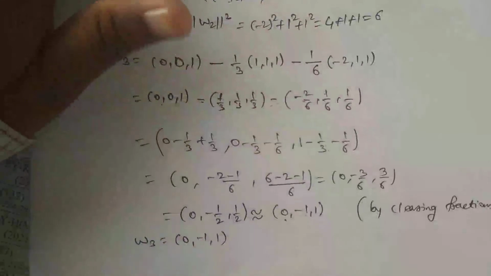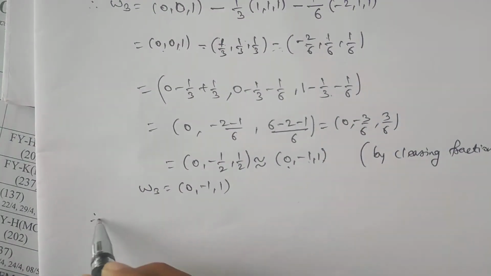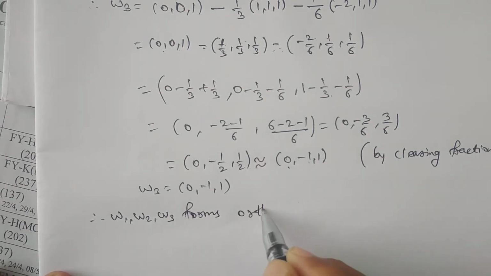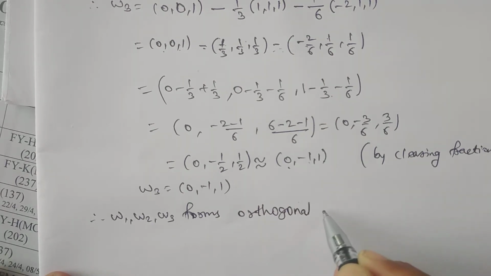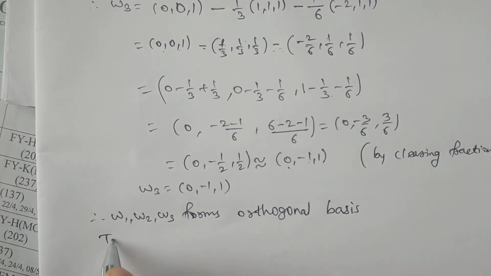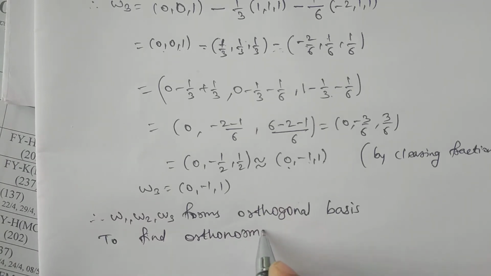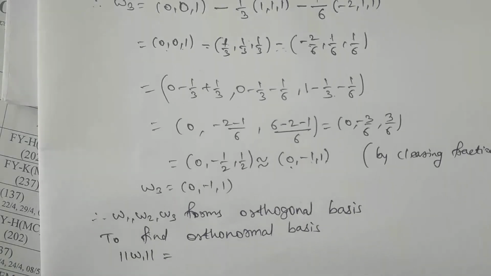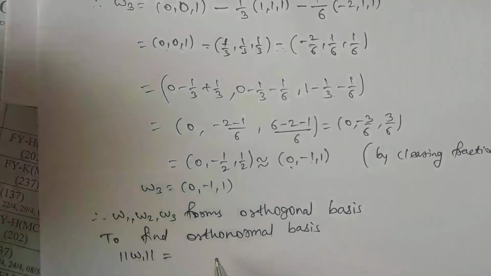Now therefore W1, W2, W3 form an orthogonal basis. Now to find the orthonormal basis, we calculate the norm of W1. The norm of W1 we already calculated in the example, but we again calculate it here.